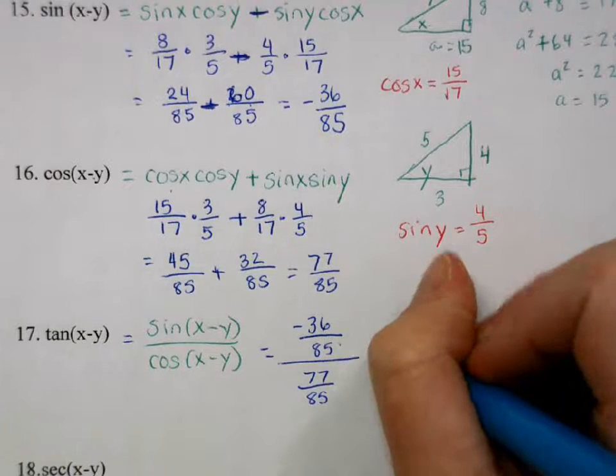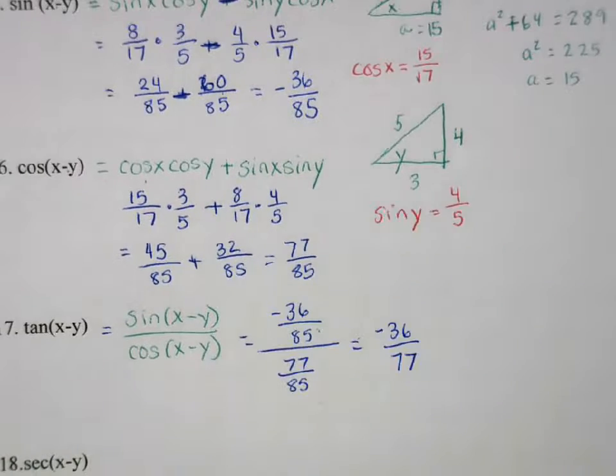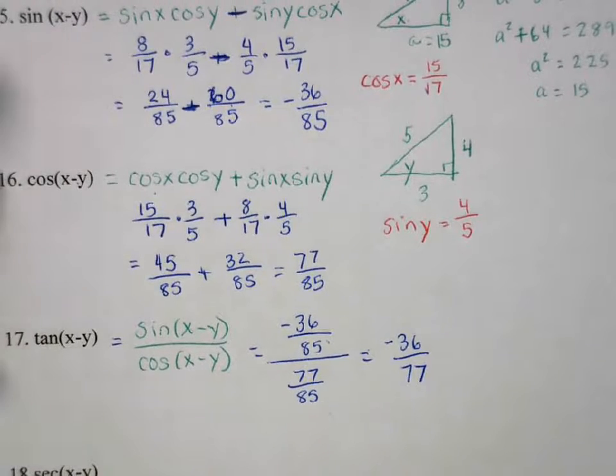There is a tangent identity, but you do not need it. We have x and y, and it's going to be the same thing on your test. So sine, cosine, tangent. My sine of x minus y ended up being negative, my cosine was positive.